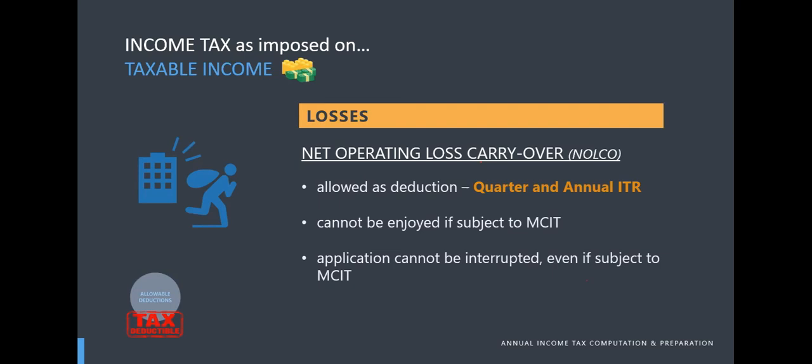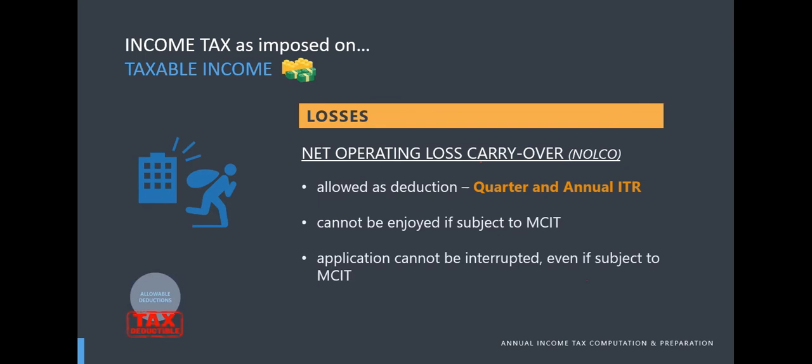Since it is said that it cannot be interrupted, in 2021 the company or the taxpayer is still subject to minimum corporate income tax. So 2020 MCIT, 2021 MCIT.